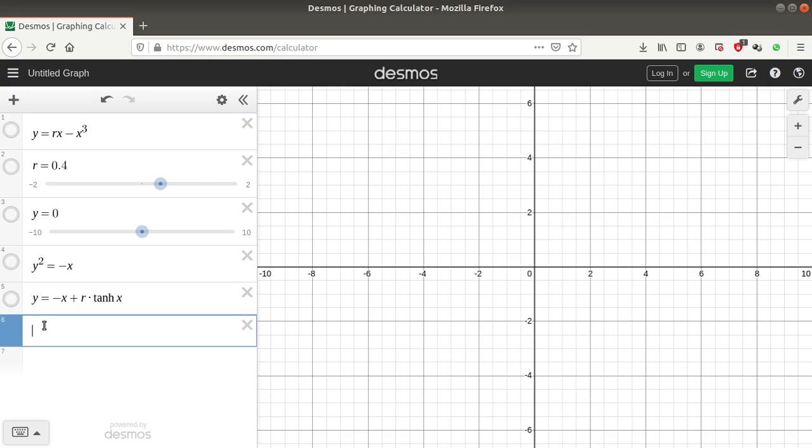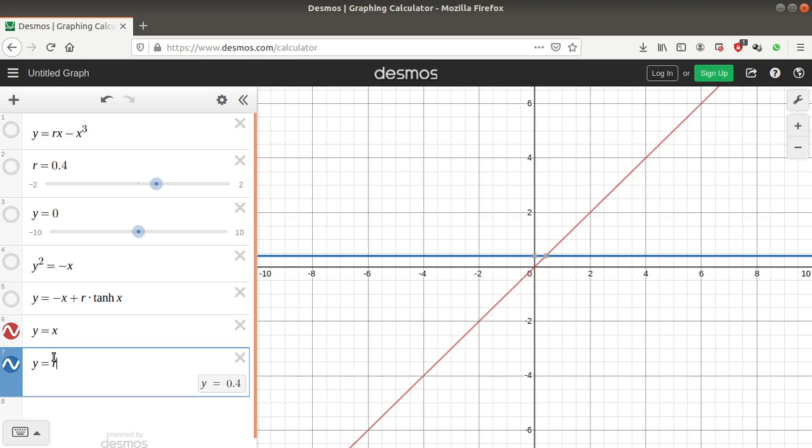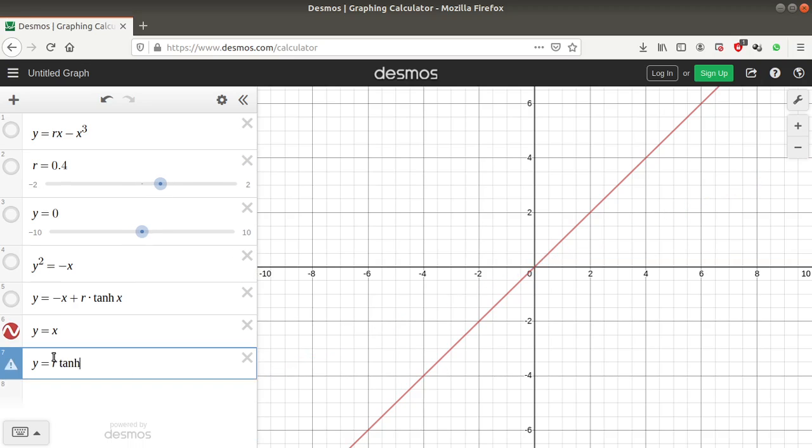One is y equal to x, so that's one line. Another one is y equal to, here we are using r in the place of beta, r tanh of x. Here, these two lines are getting intersected only at this point.